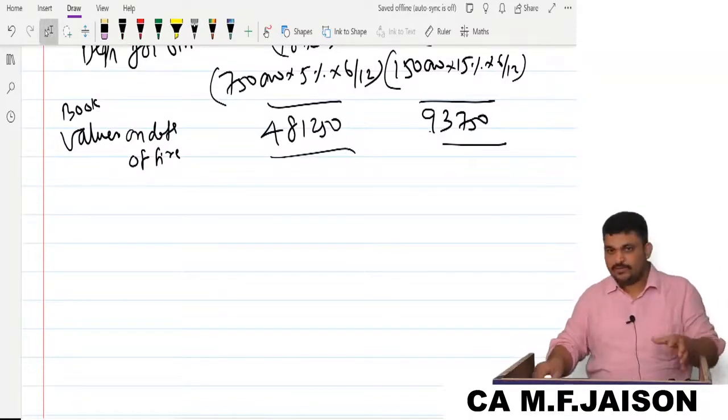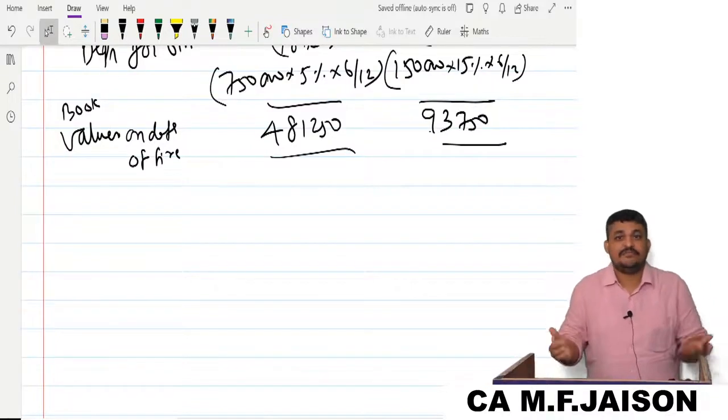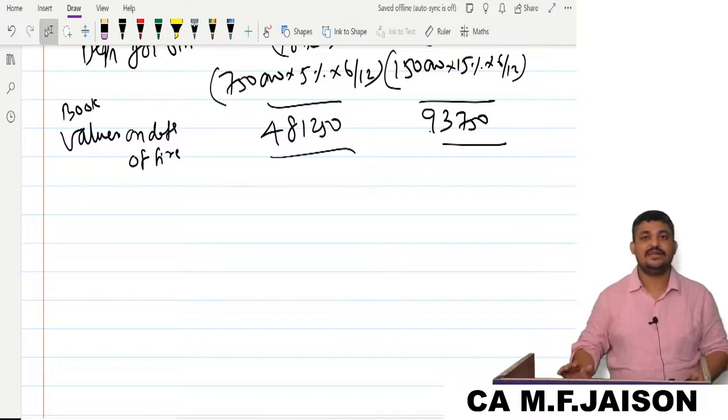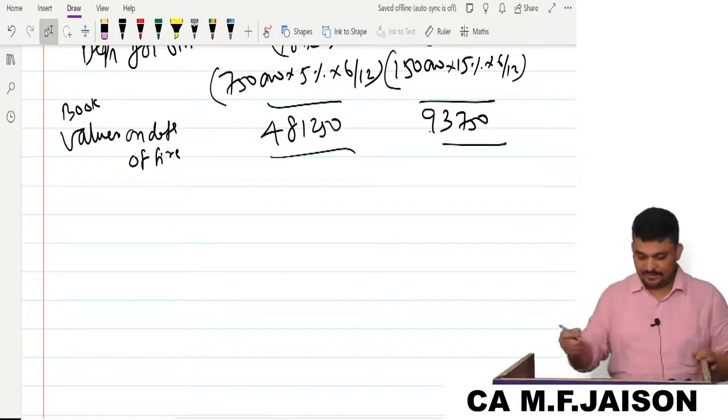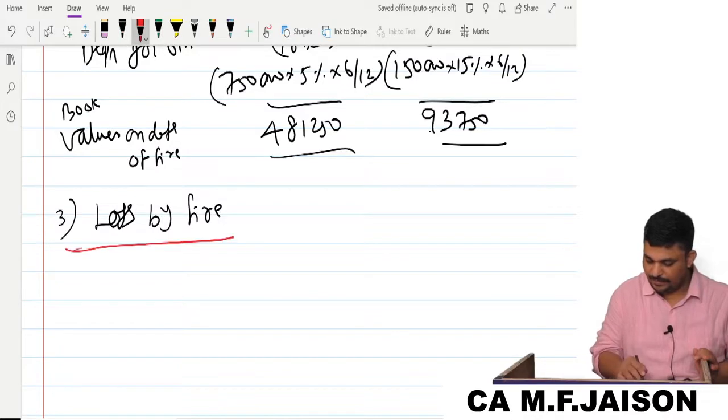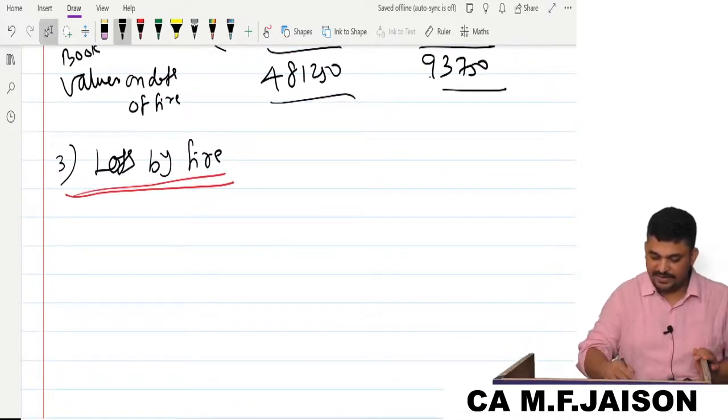Now what happened? This was the value on date of fire, but during the fire we have saved something, so that we have not lost. So you should deduct that. So let's find out loss by fire. Listen carefully, my dear friends. Our next working is loss by fire. You have what items now?